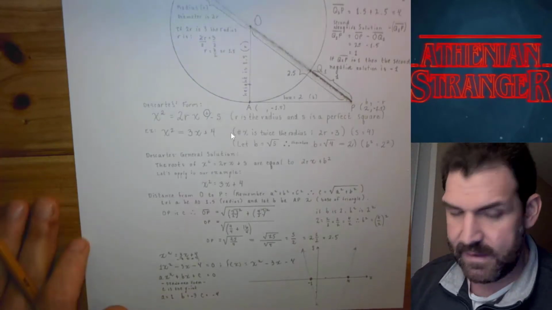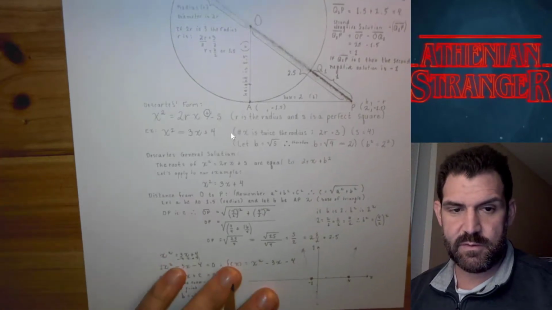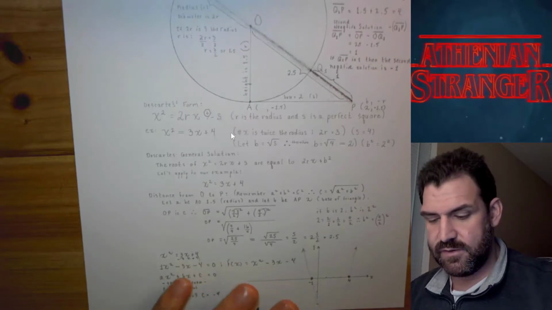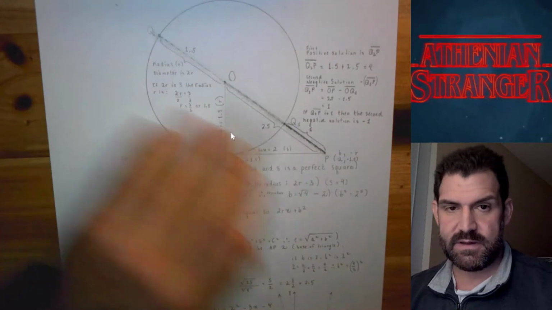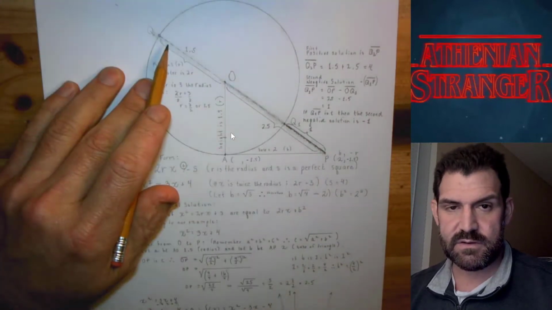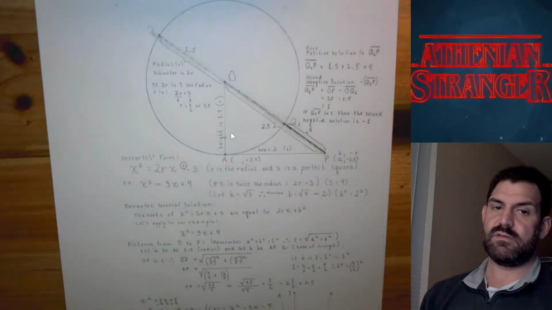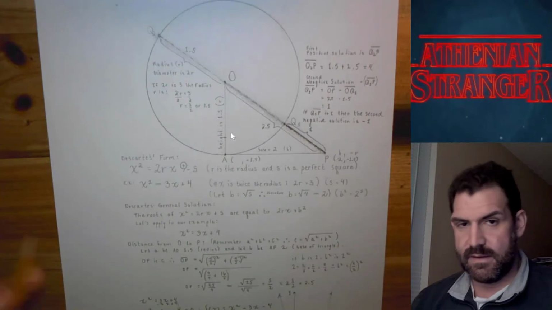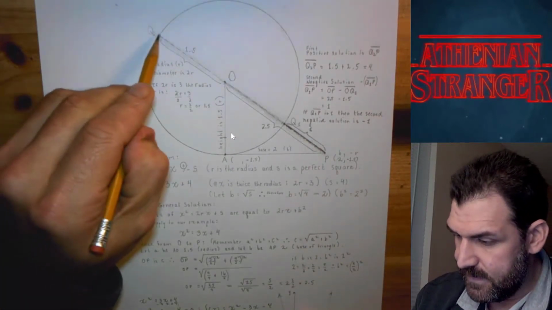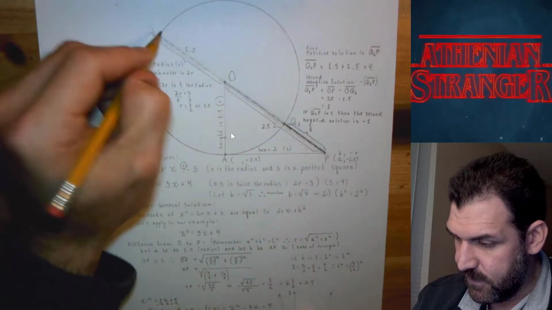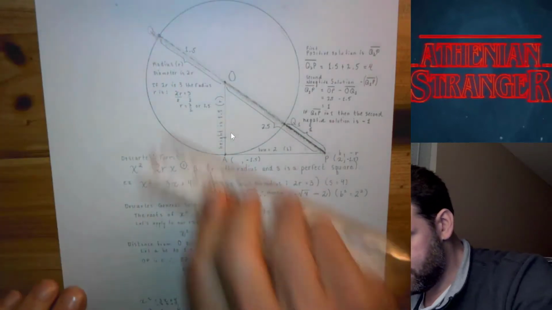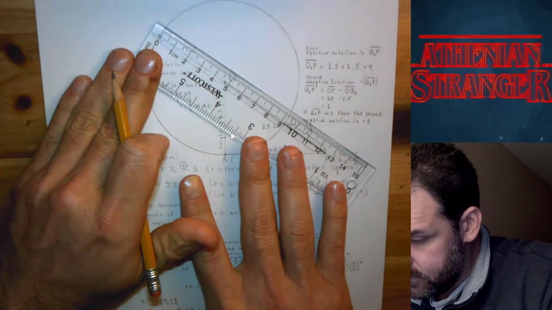Okay, so there's your quadratic solutions as the geometry of a circle. Guys, that's unbelievable. So this whole distance is 4. I'm going to put that in there.